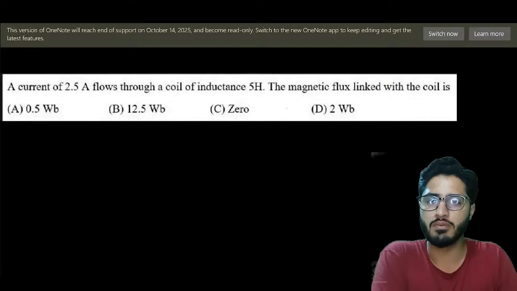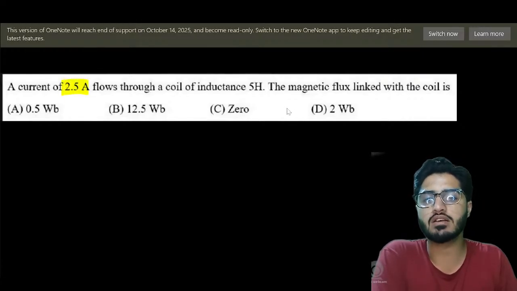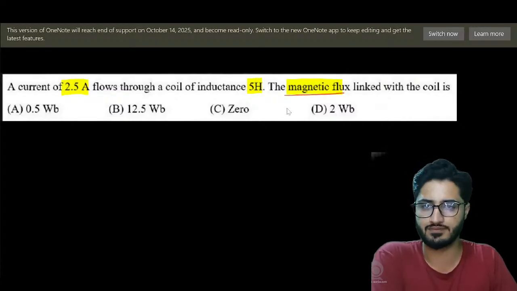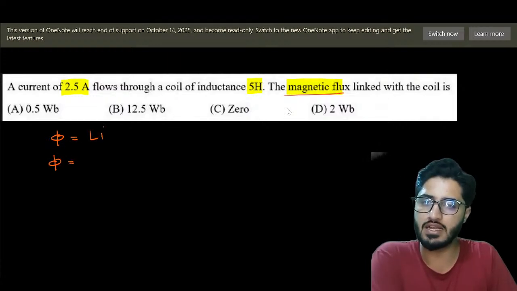A current of 2.5 ampere flows through an inductance of 5 Henry. The magnetic flux linked with the coil. So what do we need to find out? Magnetic flux, Phi. Phi equals L into I. What is L? L is 5, right?